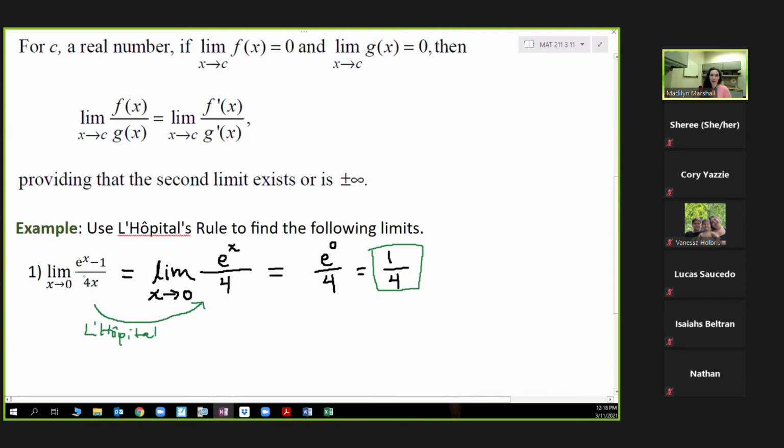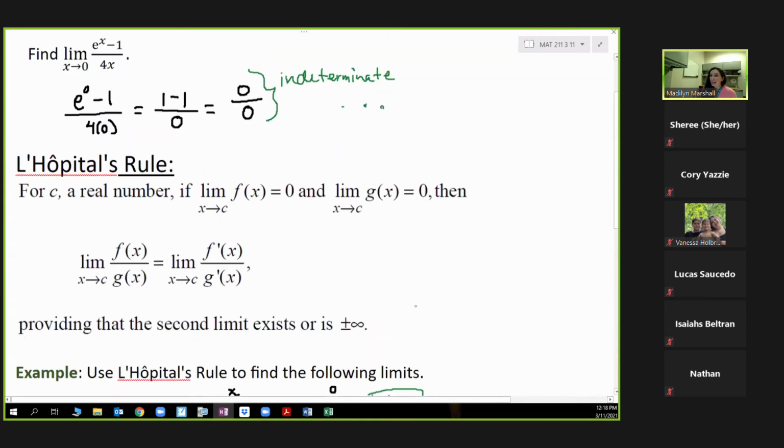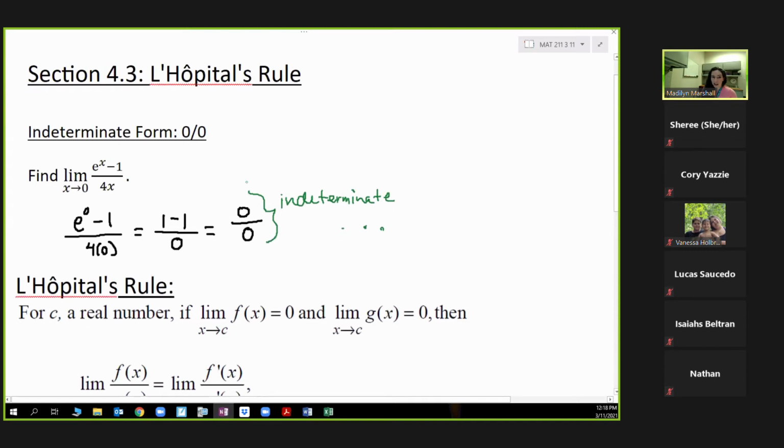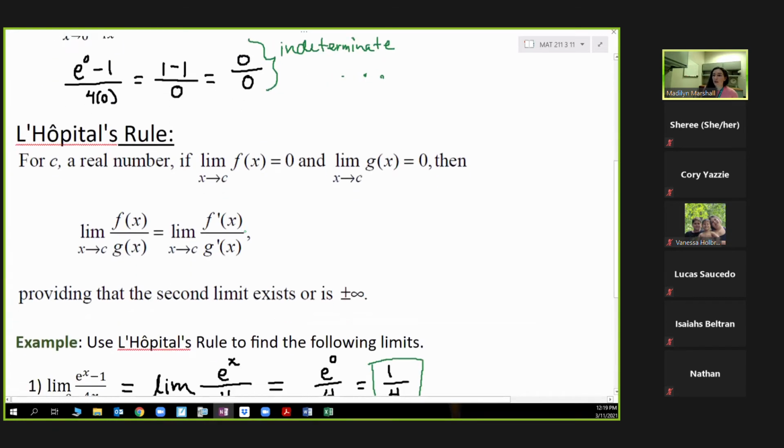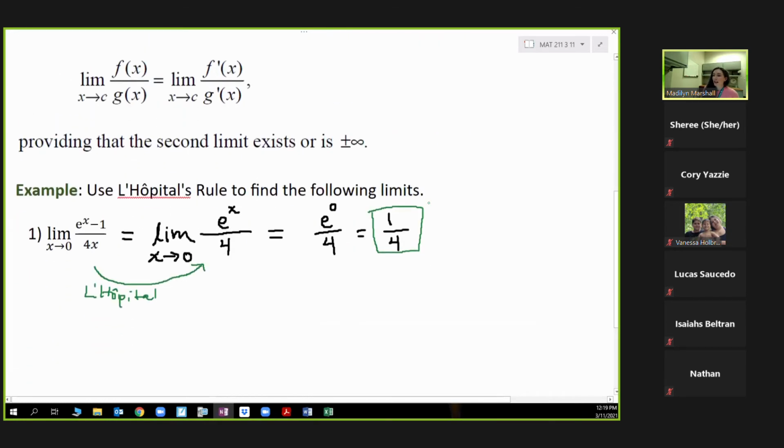We just took the derivative of the top and the derivative of the bottom, and then we can plug in the number that x is going towards, and we got something. So the limit of this function as x goes to 0 is 1/4. This is why it's called indeterminate: we get this scary-looking 0 over 0, which people want to say is undefined, but it's not. We just don't know what it is yet. And so we can use L'Hopital's rule to find out what it actually was.